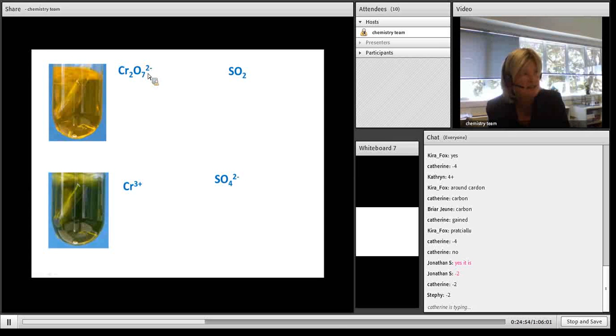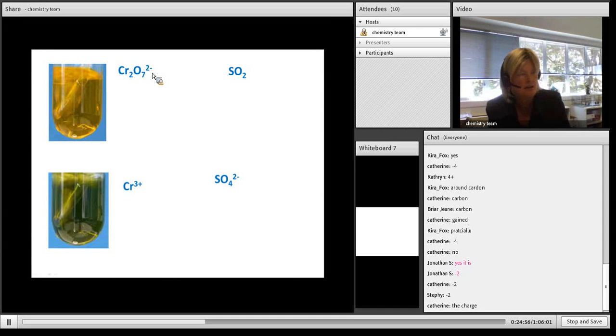Rule number 6 said the sum of all the oxidation numbers for every atom is equal to what? So Catherine's typing the charge. Good. And in this case, it's -2.